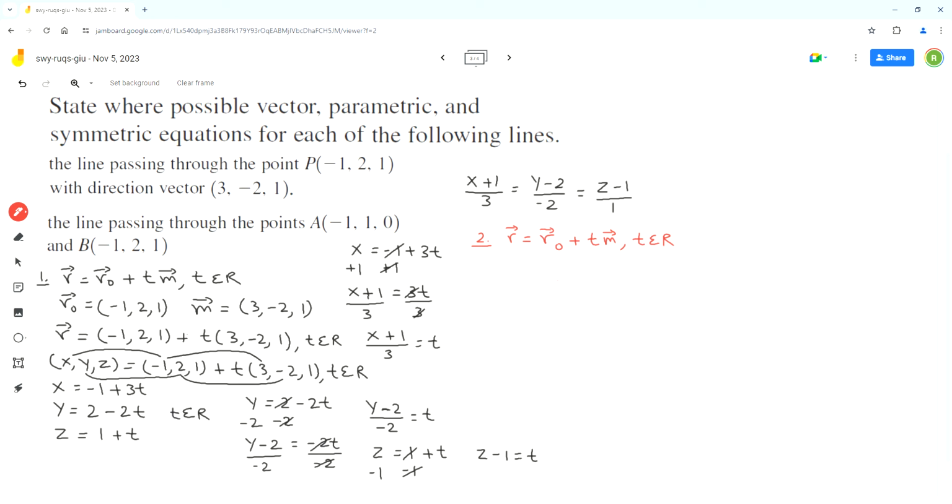I will use point A. Now we can find the direction vector of the line, and for that we should subtract the position vectors for the two given points.